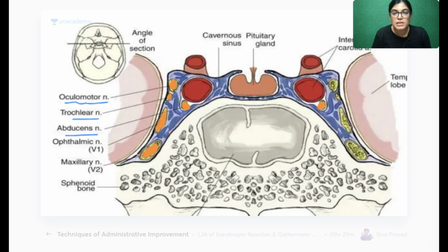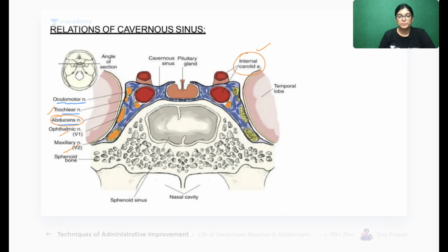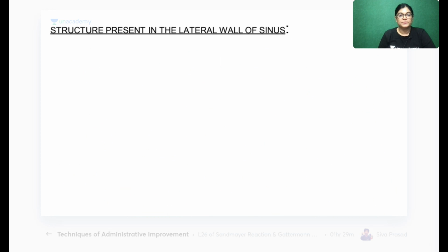Can you see here? Abducent nerve and internal carotid artery are piercing the cavernous sinus. If you concentrate on the diagram, you can see they pass through the cavernous sinus, and the maxillary and ophthalmic nerves are also residing in the cavernous sinus wall. So let me tell you the structures lying in the lateral wall and passing through.